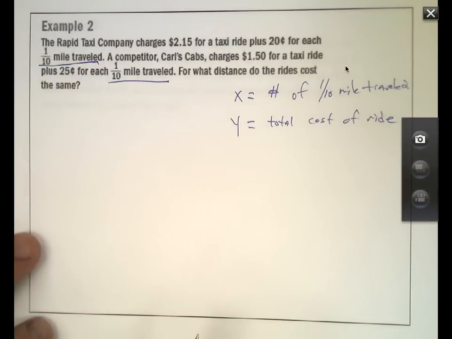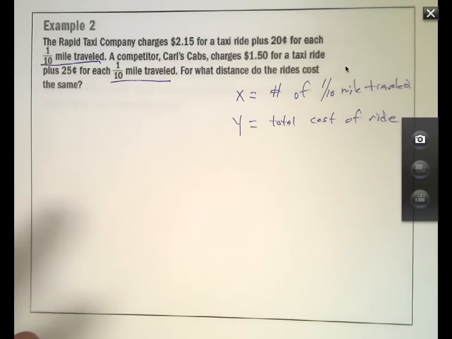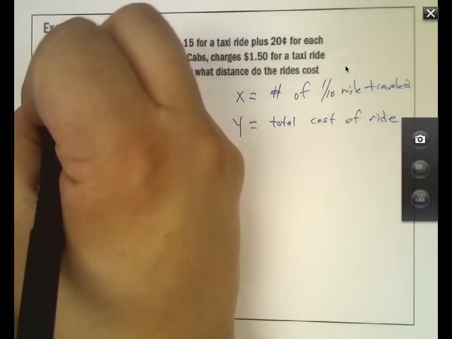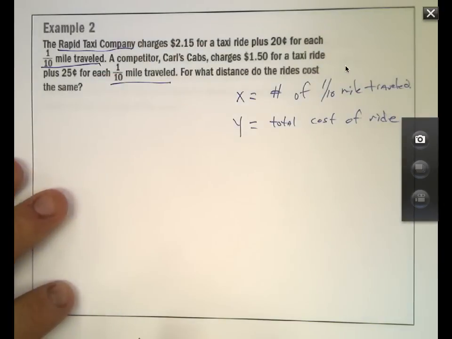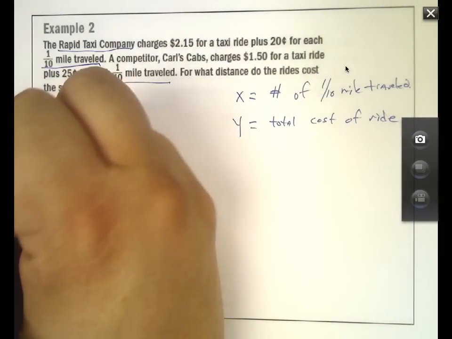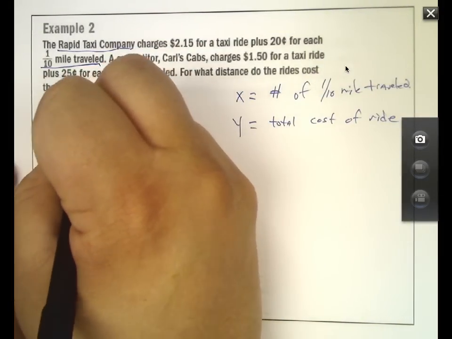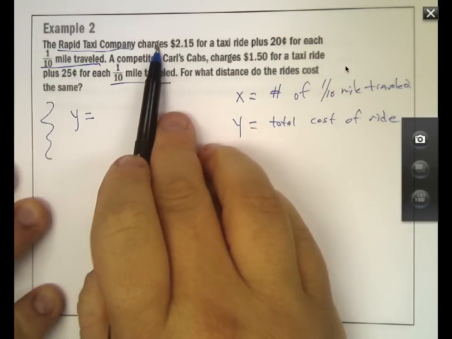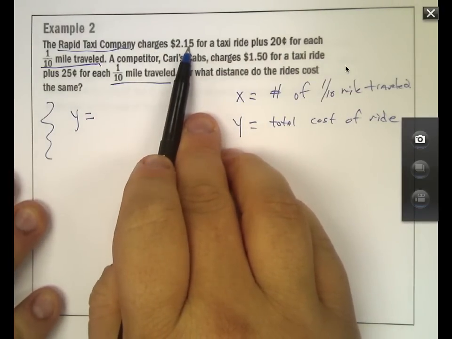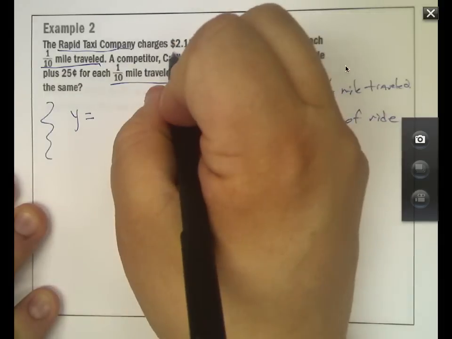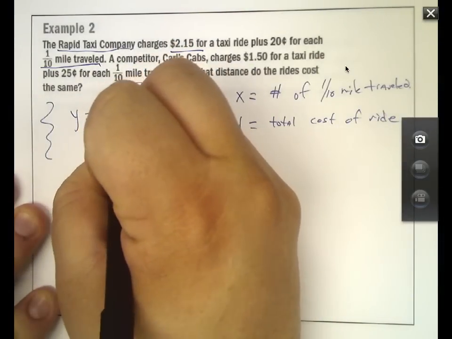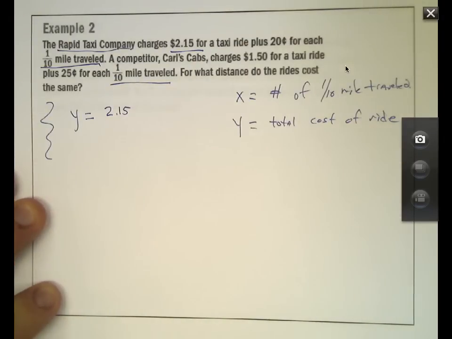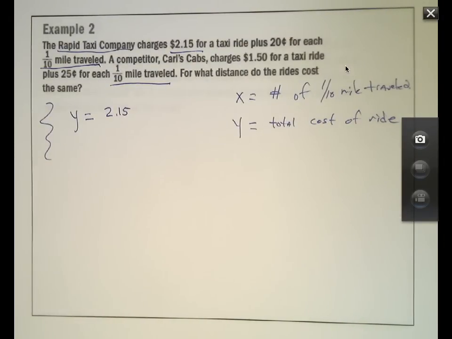Okay? So, let's set up an equation for the Rapid Taxi Company. My system's going to be y equals, he charges $2.15 automatically. So $2.15 just for getting in the car. You didn't even go anywhere. You sat in the car and he charged you $2.15.